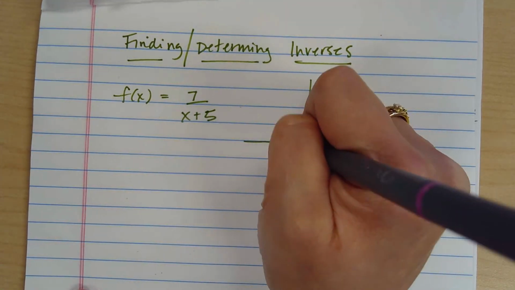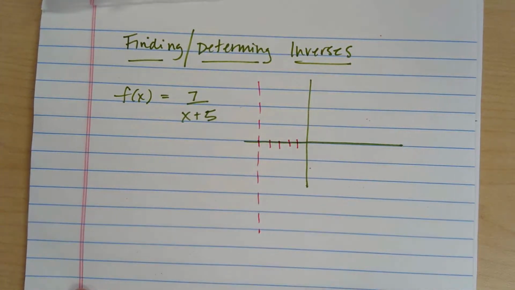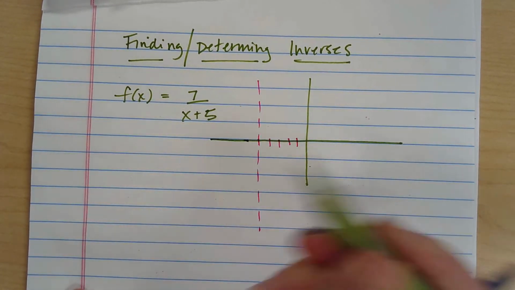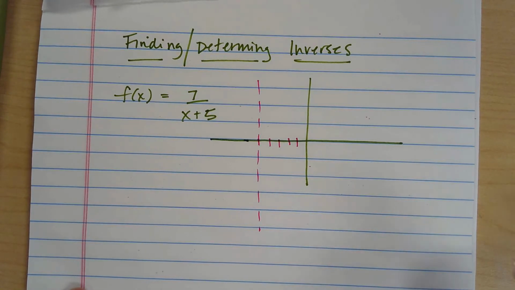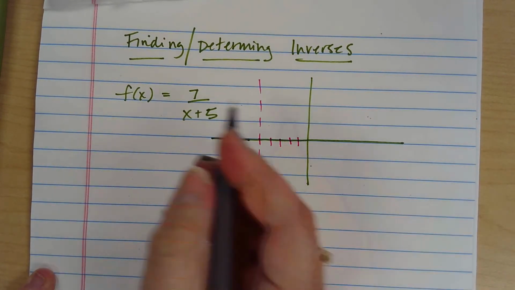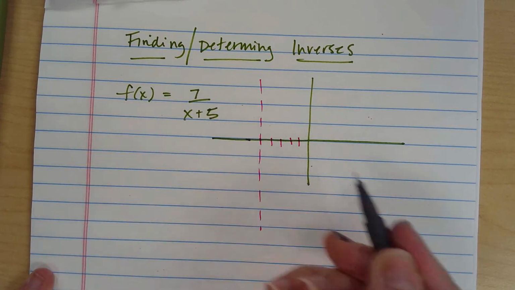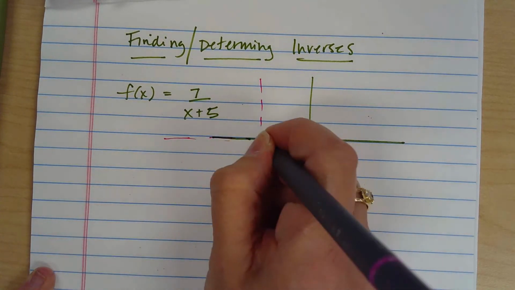Let's find our vertical asymptote, which is going to be at negative 5 if we set our denominator equal to 0. If we set our numerator equal to 0, we don't really get anything, right? So that means there are no x-intercepts. And when the numerator degree is 0 and the denominator degree is 1, we have a horizontal asymptote at 0.